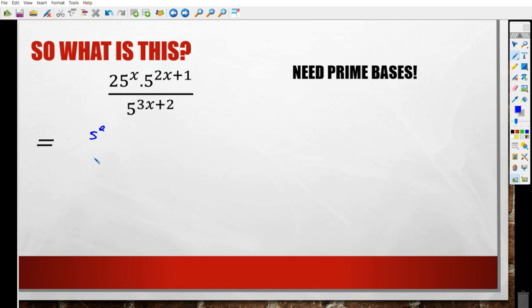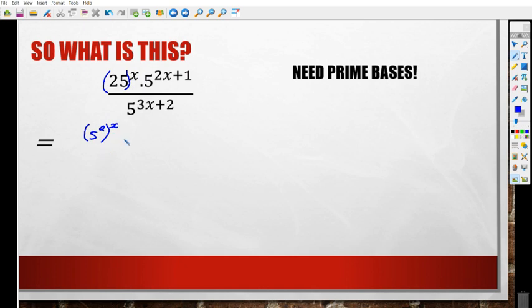I'm going to put this in a bracket. Every time I change something, I always put it in a bracket just to be safe. So I've changed 25 to 5 squared, and what is outside of the bracket there? x. So I'm going to keep the x outside of that bracket.